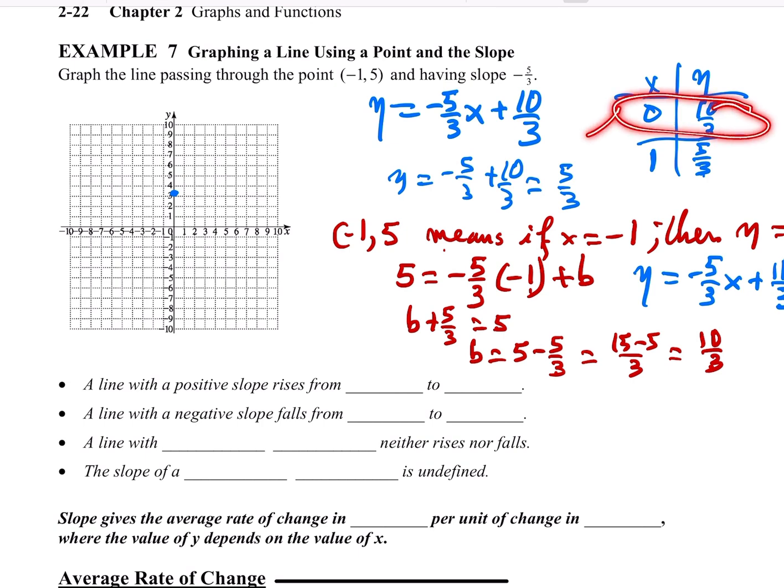Okay, the second one: if x is equal to 1, y is 5 over 3. Let's graph that point. X is equal to 1 here, and y is 5 over 3, which is just 2 point something, here. Okay, I got that point.